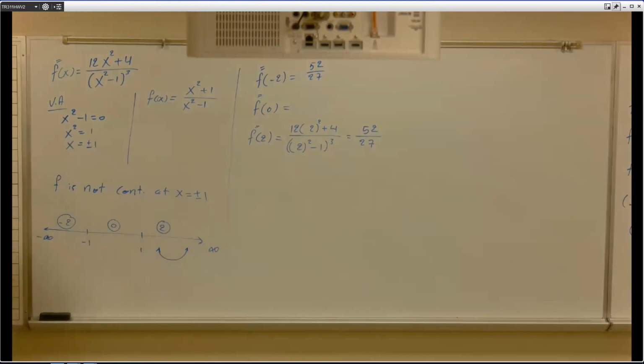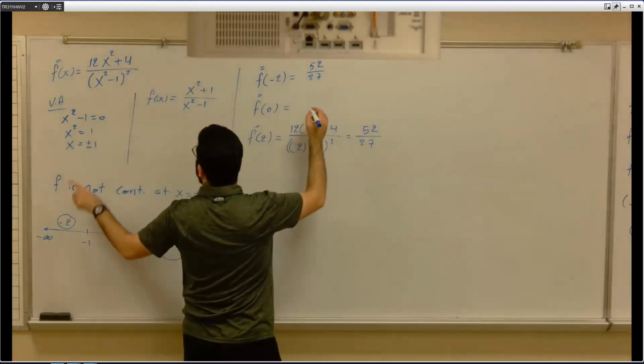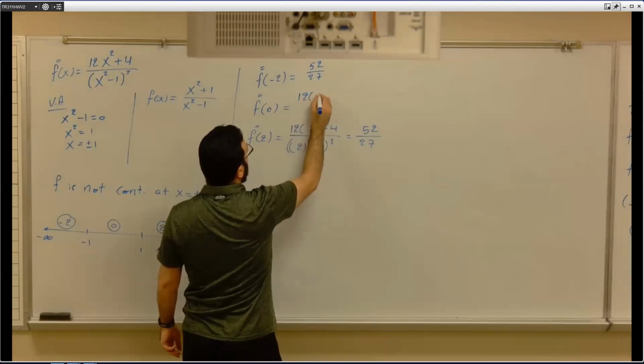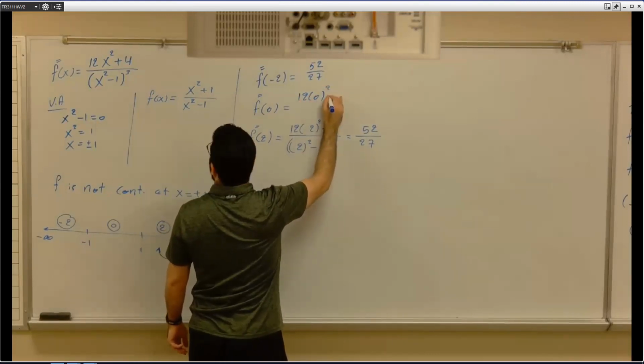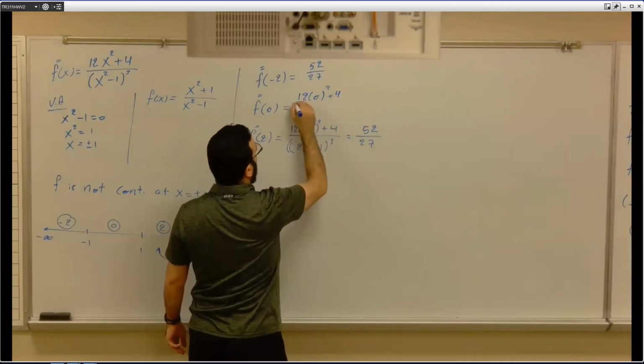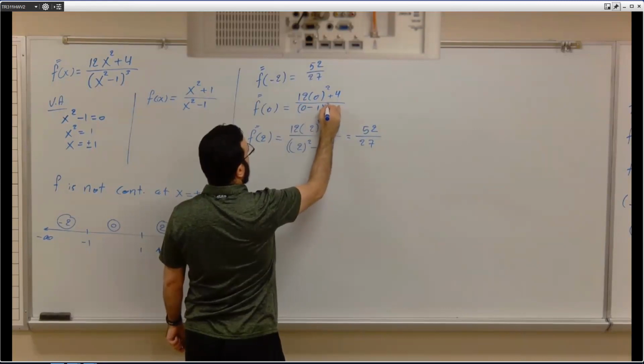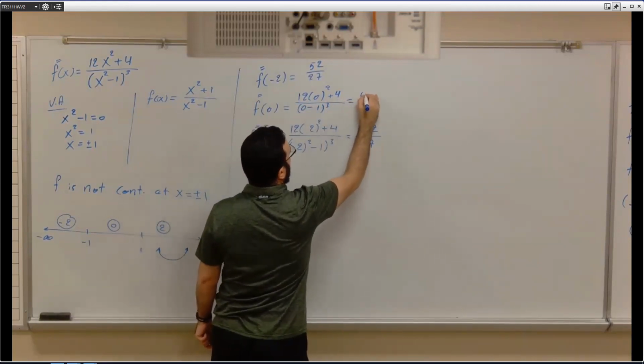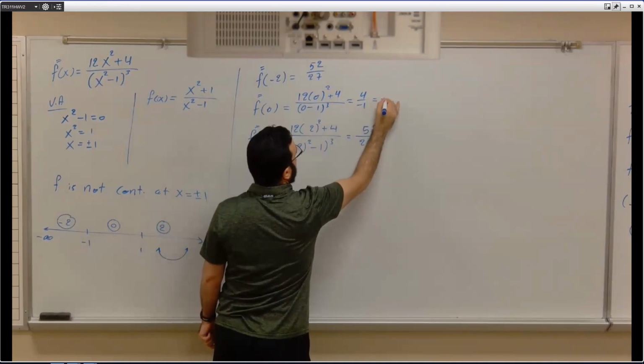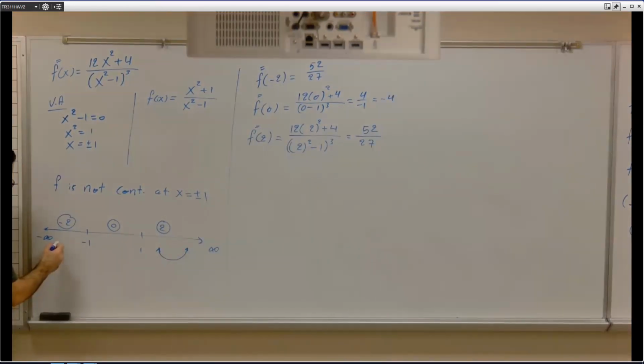For the 0, it's going to be 12 times 0 plus 4 over 0 minus 1 cubed. Minus 1 cubed is -1. So it's going to be 4 over -1. So we have concavity up, concavity down.